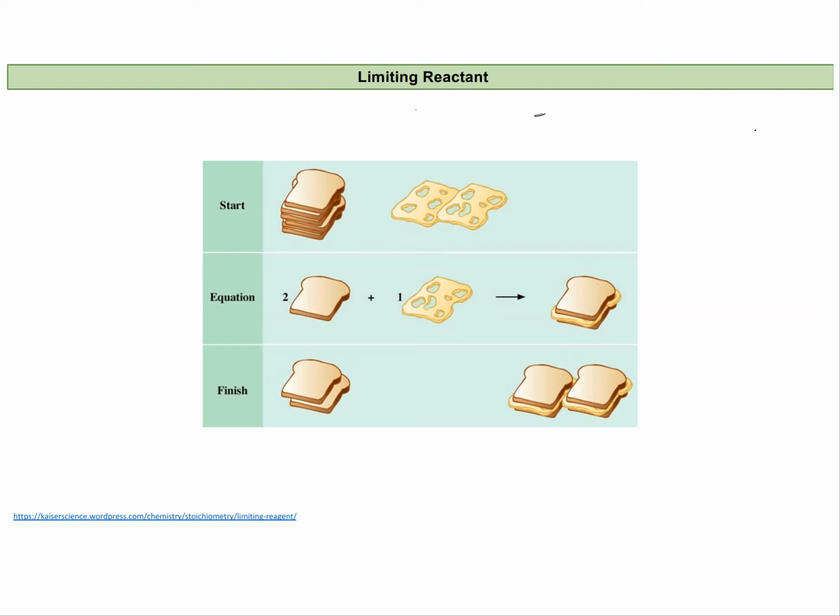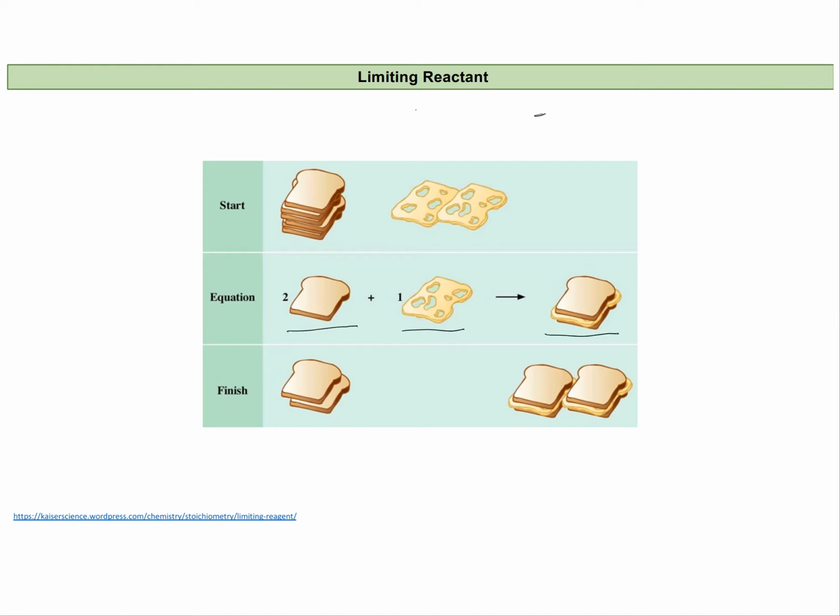So a great example is sandwiches, and there's others out there that do the same thing with hot dogs or pizza or any recipe you can imagine. So the recipe for making a sandwich is 2 slices of bread and 1 slice of cheese will give you 1 sandwich.